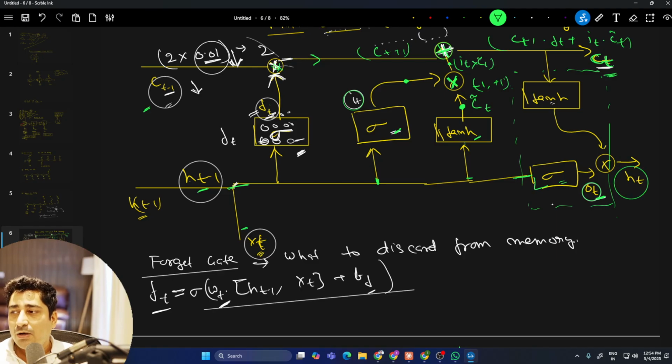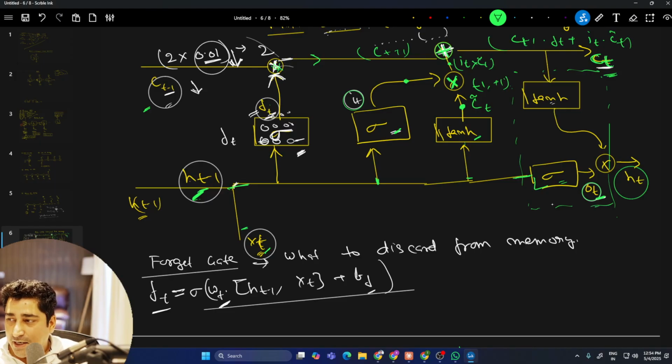So when I'm trying to give you some output, can I say that I should even consider the memory part? I can't go ahead and give you the output based only on the previous input and the current input.